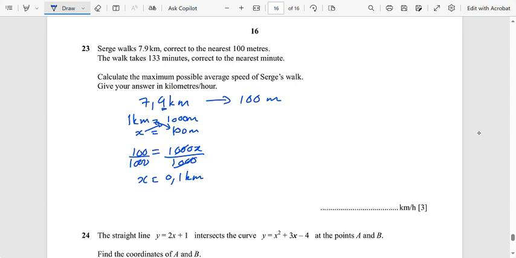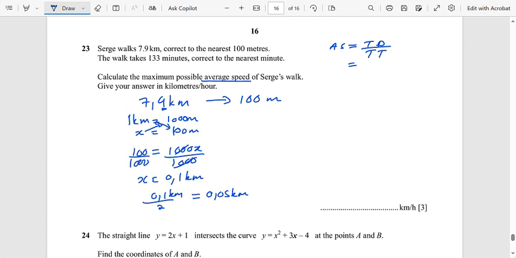So I take the 0.1 kilometer, then divide that by 2, which is equal to 0.05 kilometers. So either I add 0.05 kilometers to 7.9 kilometers, or I subtract. But I need to understand this situation. I want to find the maximum possible average speed of Sage's walk. So how do I get average speed? Average speed is equal to total distance over total time taken.